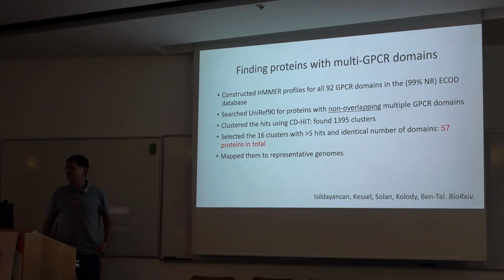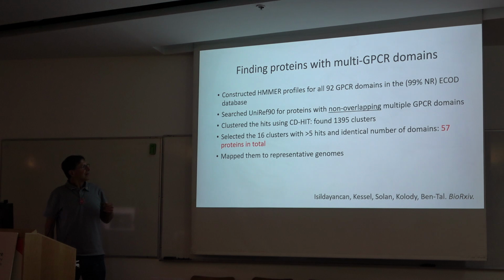The reason we insisted on at least 5 hits was because there's a lot of noise in the data, and we wanted to make sure that what we see is not due to just error in the data. So we assume if we see it at least 5 times, then it's very unlikely that the same mistake occurs again and again. So it reduces the likelihood of us being wrong, which is always a problem with computation.